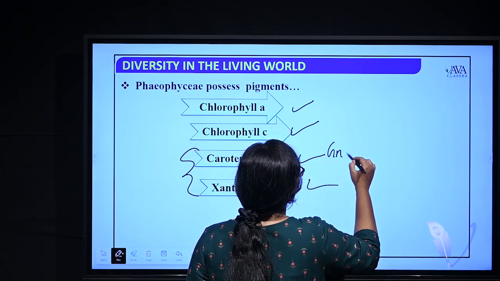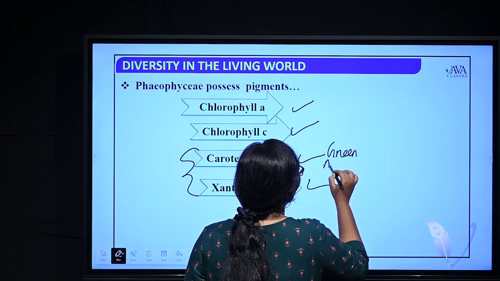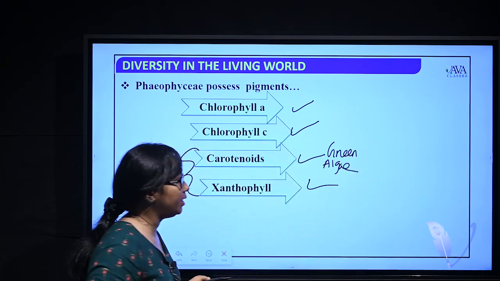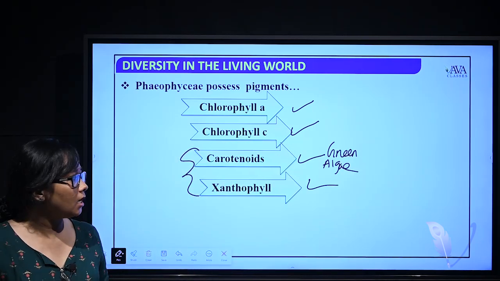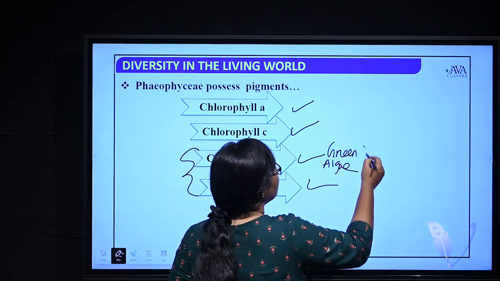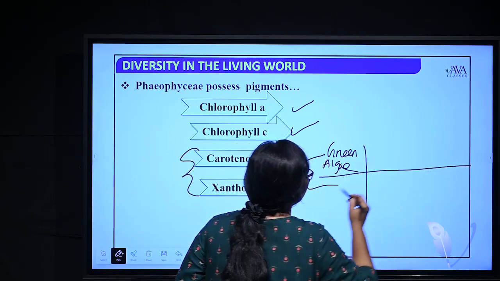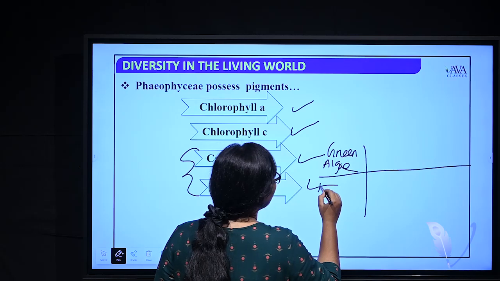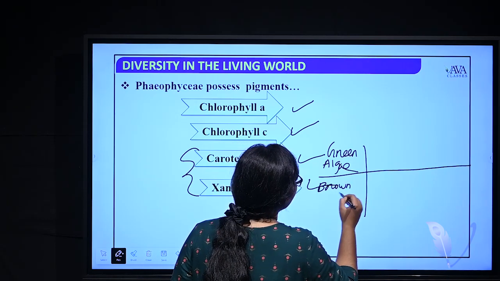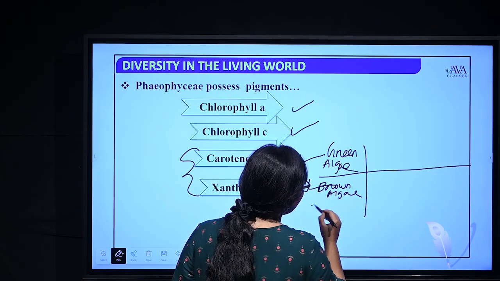I am writing all the algae pigments here in a complete chart so that you can remember this well: green algae, brown algae, red algae.